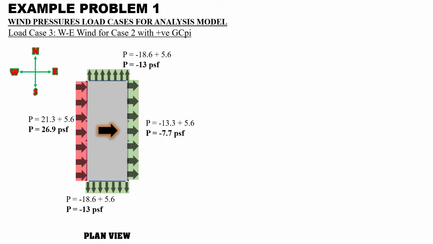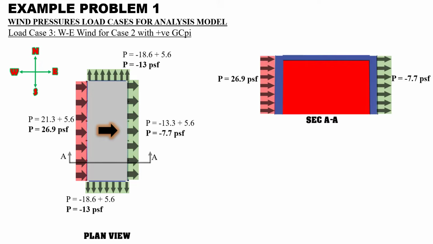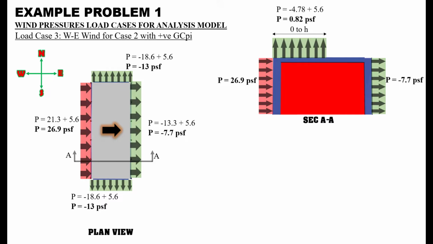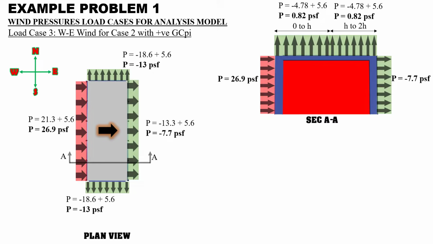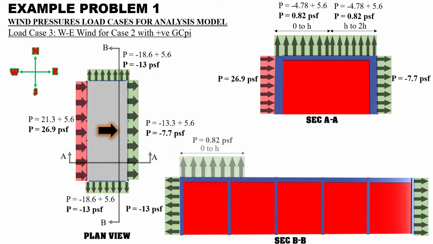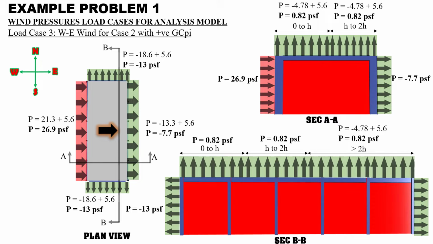But where is the difference? In the roof pressures. See the section AA. The roof pressure is the same for all the regions, as for the second case the CP value is minus 0.18. Section BB also has the same pressure throughout the building, right?